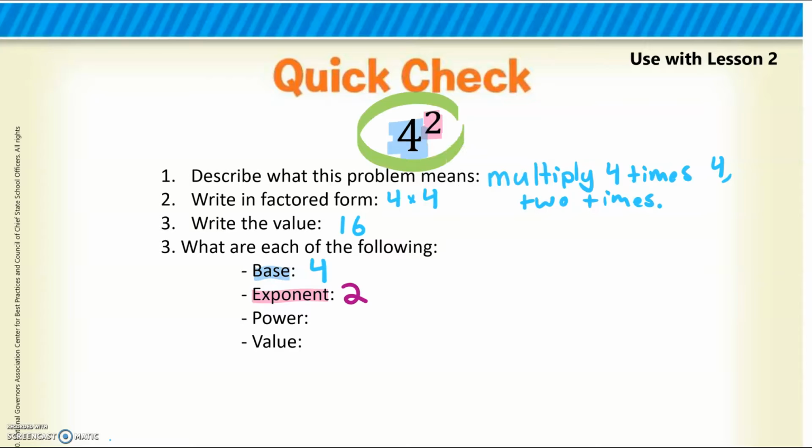So we can kind of think of this whole piece as our power. So our power is going to be that whole chunk, 4 squared, or 4 to the second power. And then the value is what it actually equals. And we did that in number 3, which is 16. So it actually equals 16.